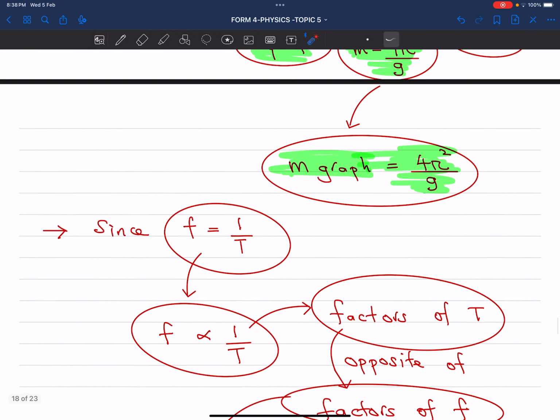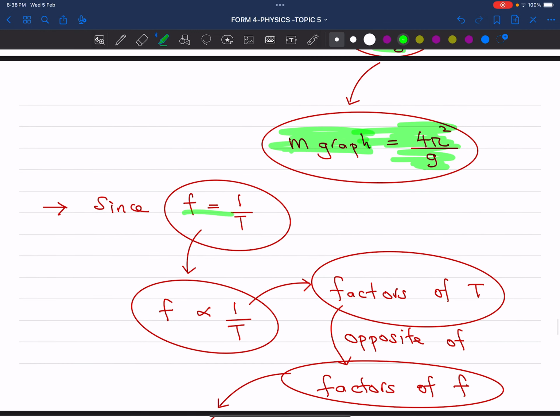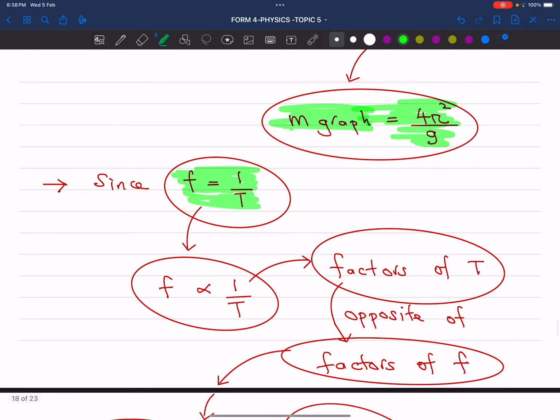Now since frequency f is 1 over period T, that means when frequency is up, period is down, it is inverse. As I said earlier, up and down must be inverse.